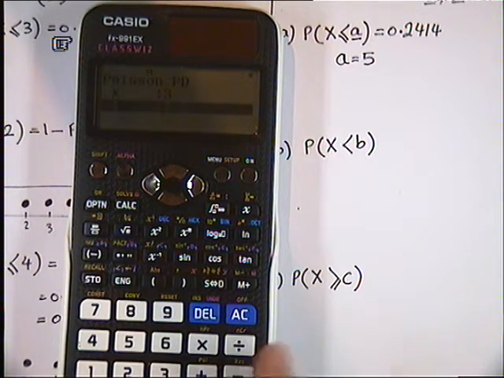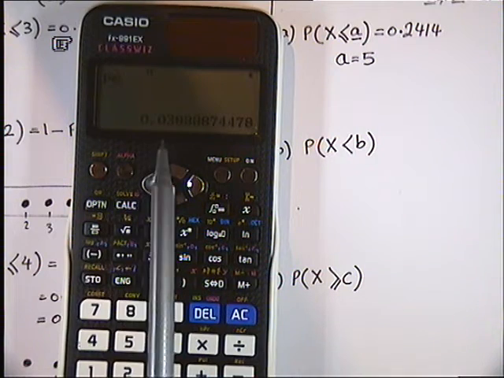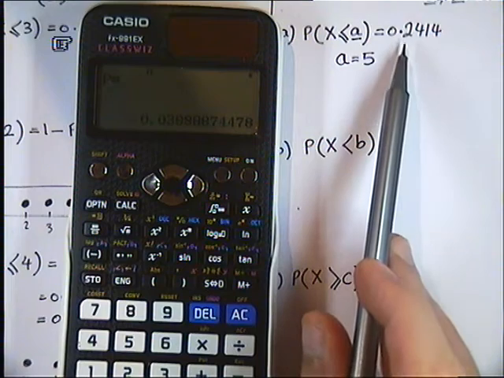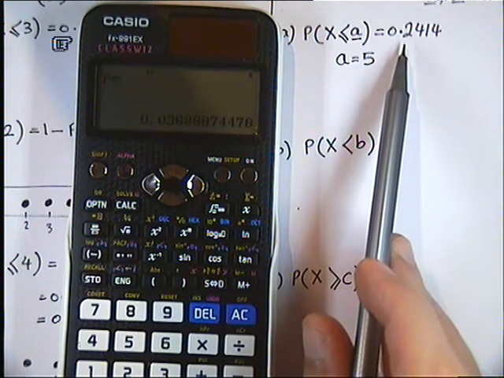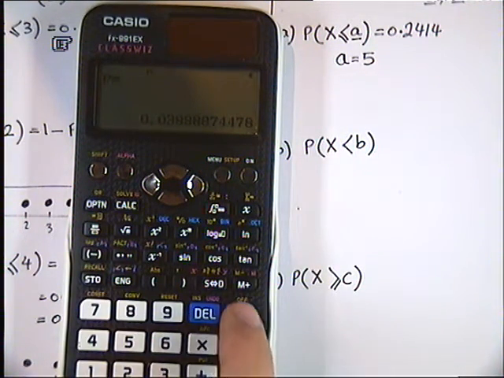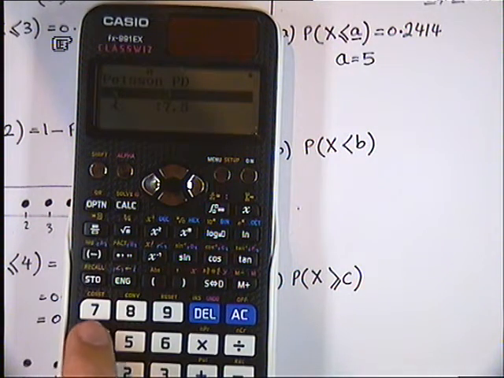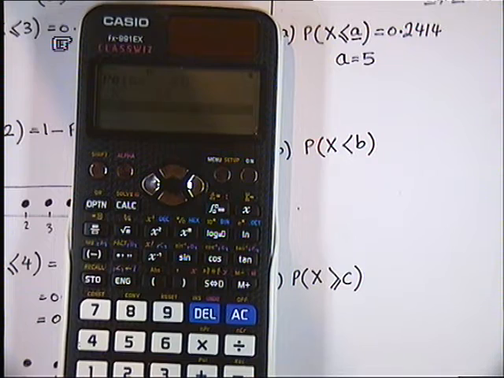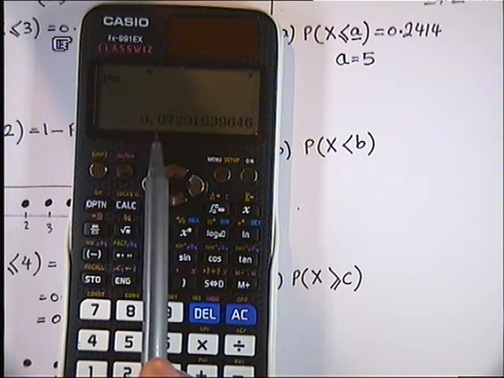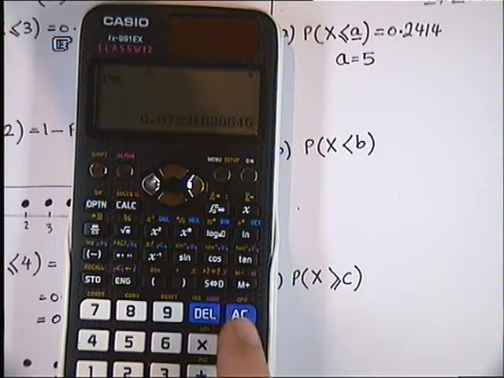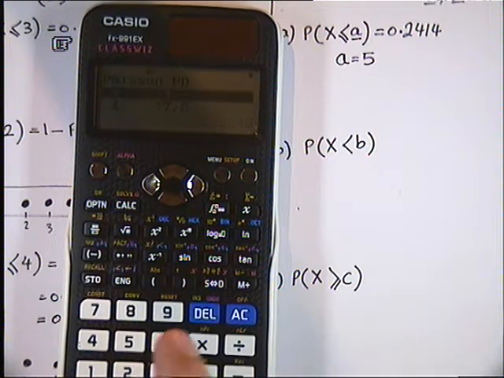Let's see what I get for the probability. I get 0.038, which is way smaller than 0.2414. So what do I need to do? I need to change x now. Let's say 4. What do I get? 0.07. So it's increasing, getting closer to this, but it's not this one. Let's try 5.